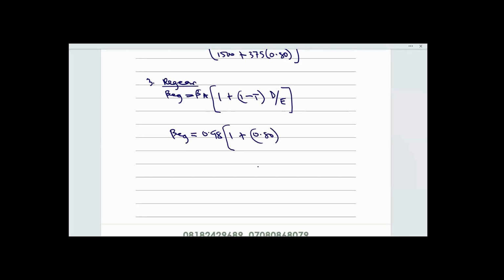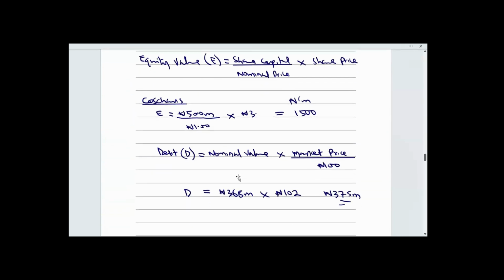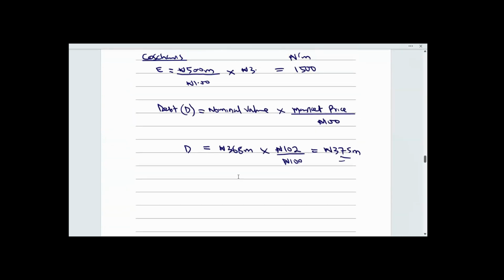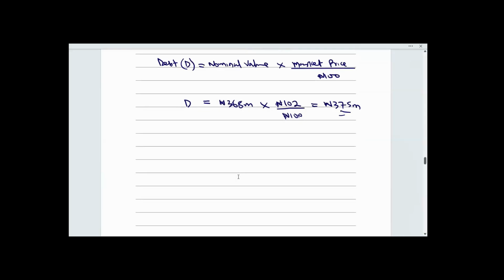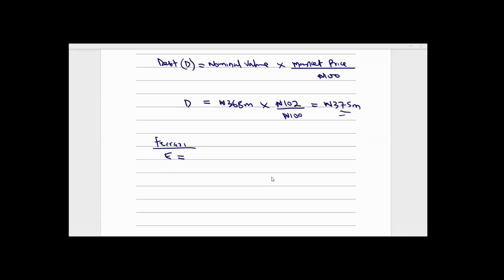Then I need to calculate the debt equity proportion of Ferrari, the same way you calculated for Costaris. So for Ferrari, equity value is the same formula. Share capital of Ferrari, according to the question, is 208 million at 50 kobo per share.